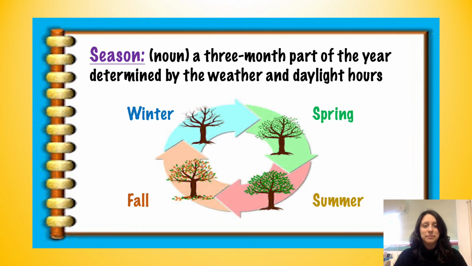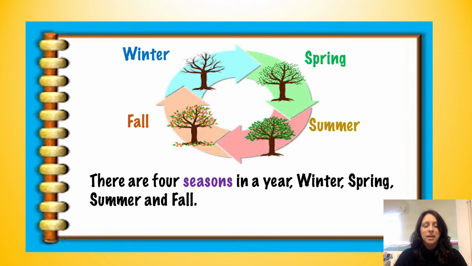Season. It's a 3-month part of the year determined by the weather and daylight hours. There are 4 seasons in a year: winter, spring, summer, and fall.